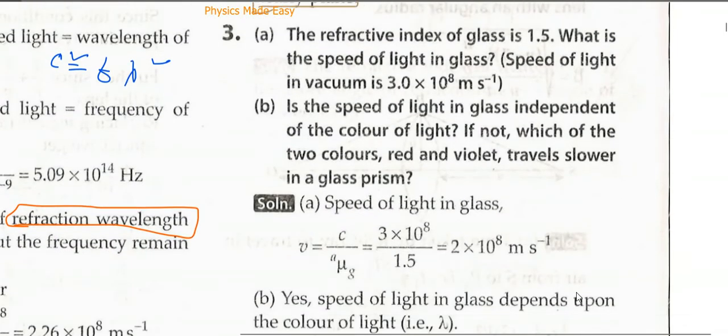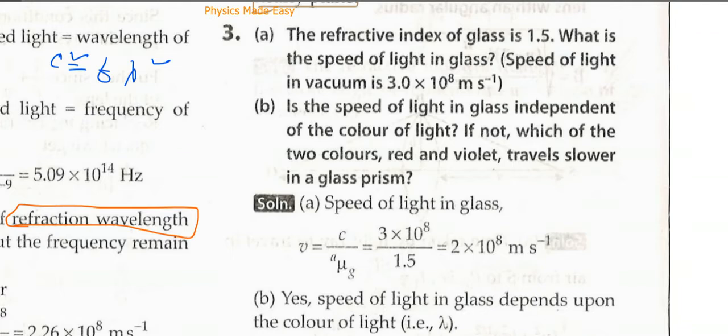And now let us come to problem number 3. NCERT third problem. It says the refractive index of glass is 1.5. What is the speed of light? Simple. It's a very simple question.